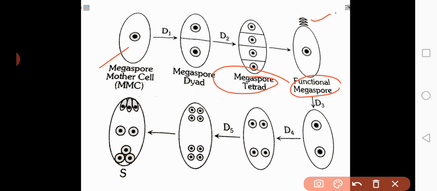Then again 3 nuclei move towards the micropylar end and form the egg apparatus.